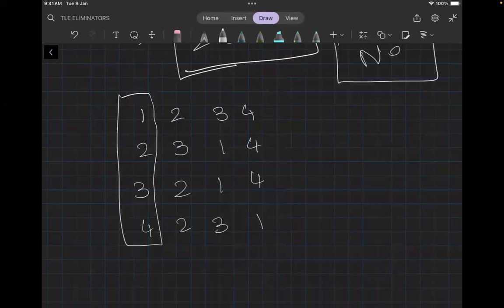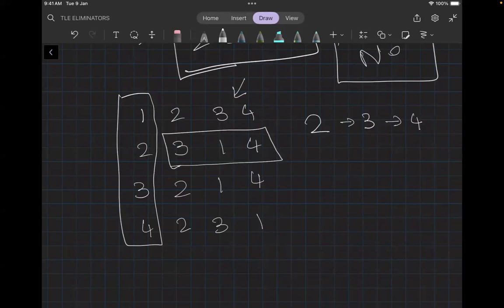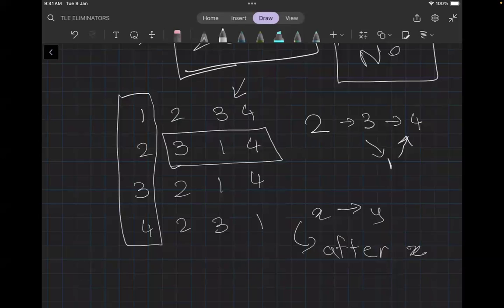We know that after 2 there should be a 3, after 3 there should be a 4. Now what does this array say? It says that after 3 there should be a 1, and after 1 there should be a 4. This arrow represents that. Let's say x comma y represents that, after x should come y in the final array.